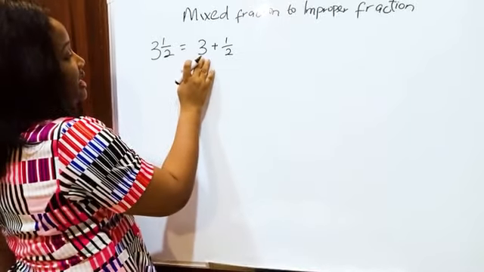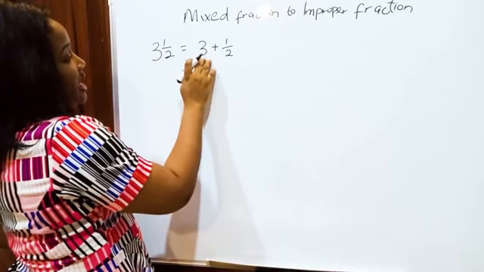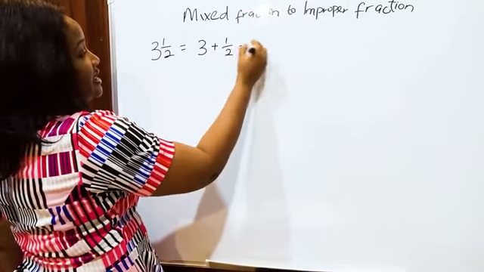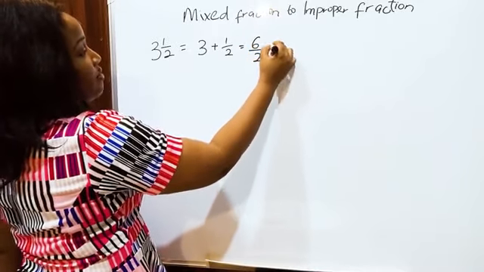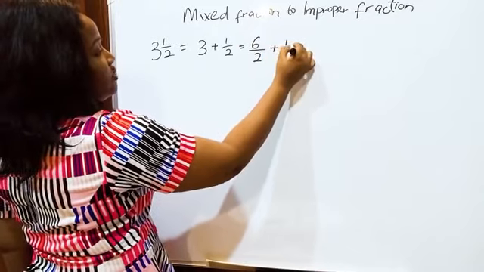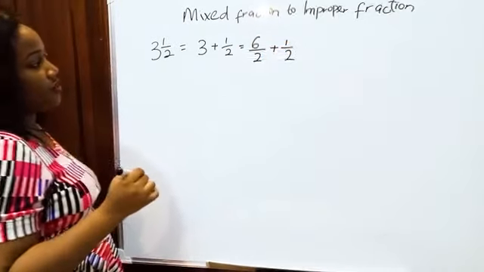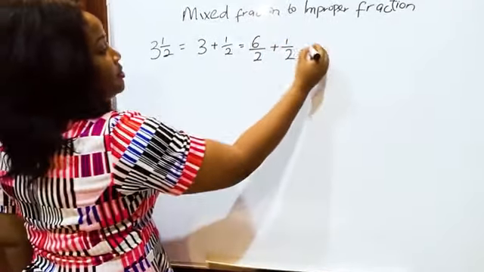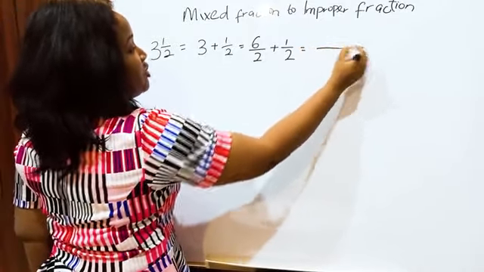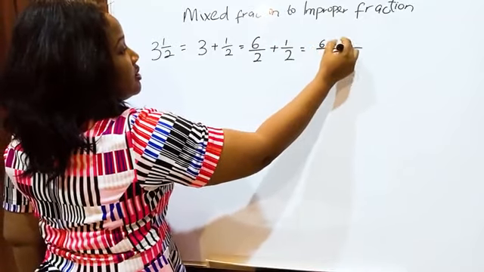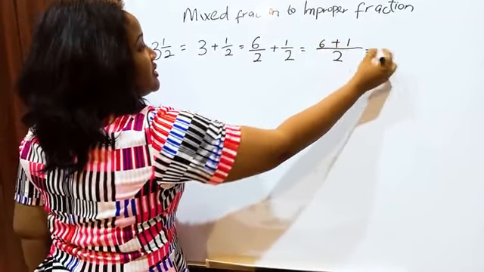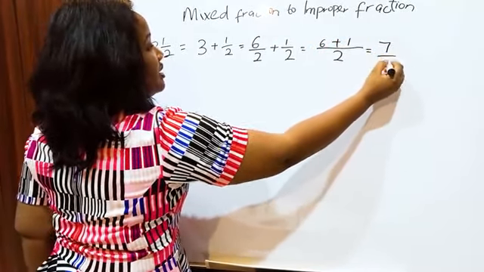And this 3 is the same thing as saying 6 over 2 plus 1 over 2. And when you add them, since they have the same denominator, just say 6 plus 1, which gives us 7 over 2.